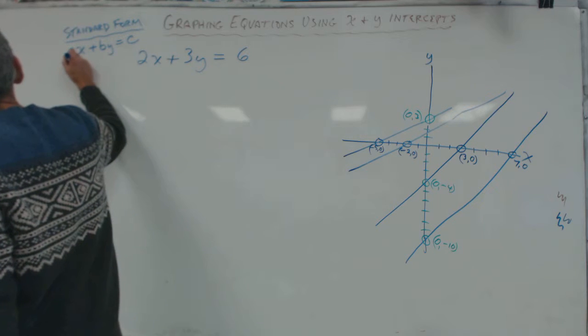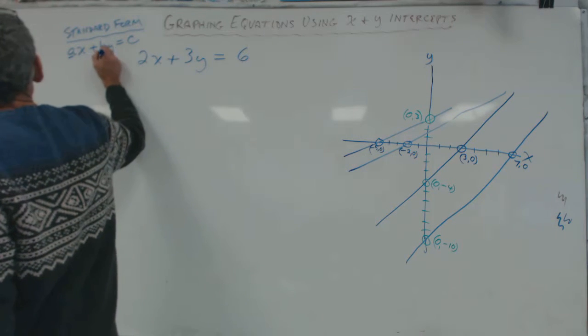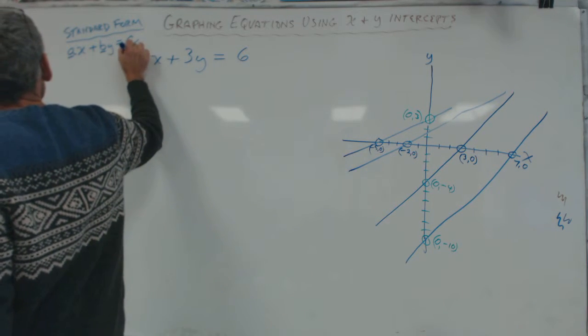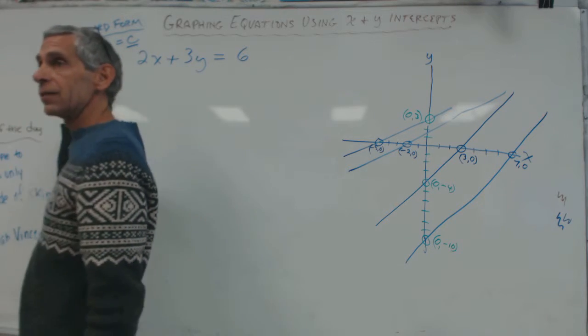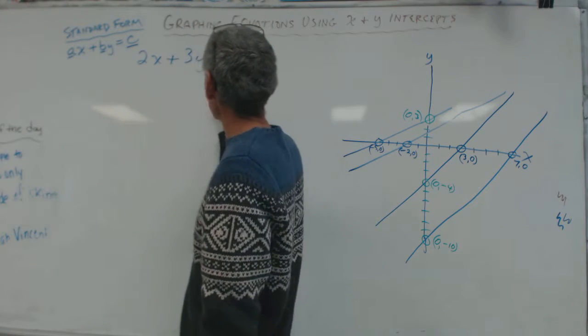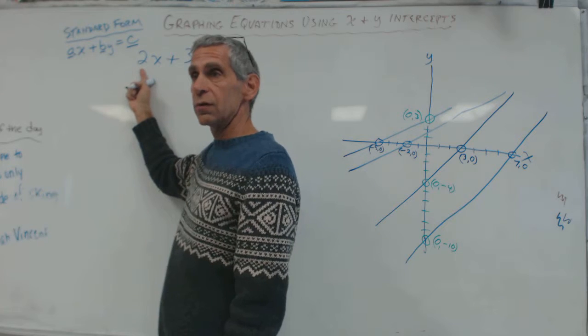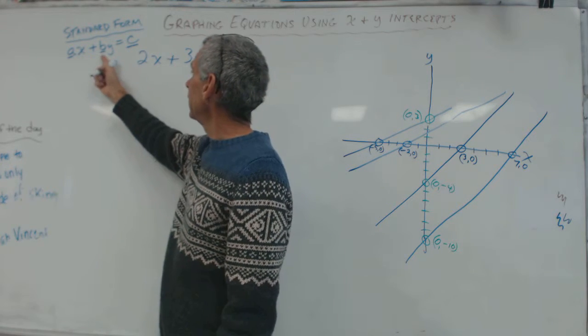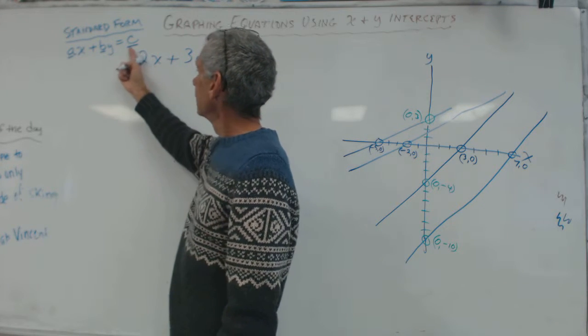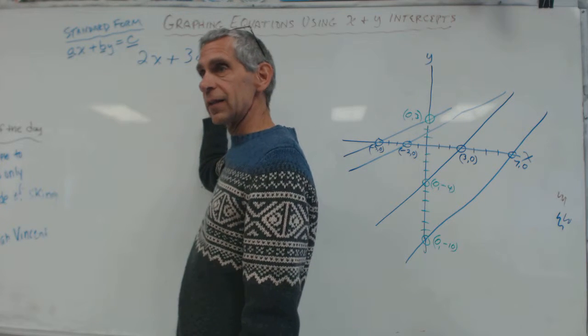The a is always a number, the b is always a number, and the c is always a number. The x and y stay as x and y. In this example, the a is 2, the b is 3, and the c is 6. Does that make sense?